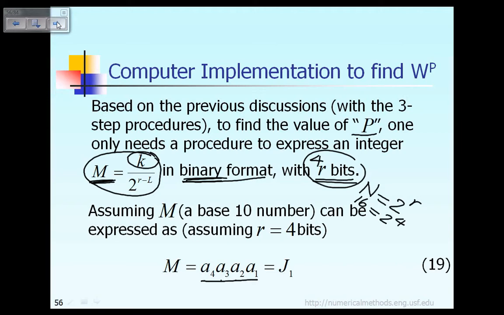Because it is a binary number, the value of A4, A3, A2 or A1 must be either 0 or 1. So the way it works is, we know the value of M. How do we find out those bits A1, A2, A3, A4? First, we say the value of M that we know, call it J1, as we show in equation 19.